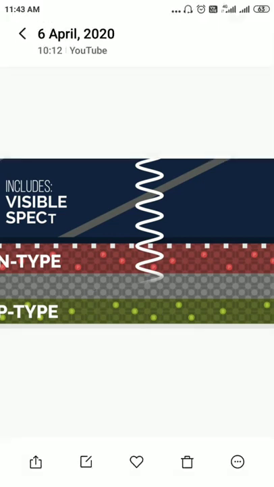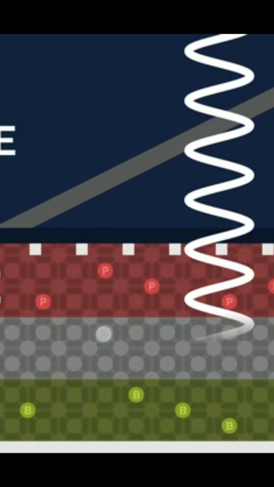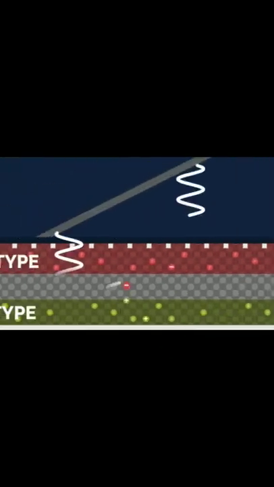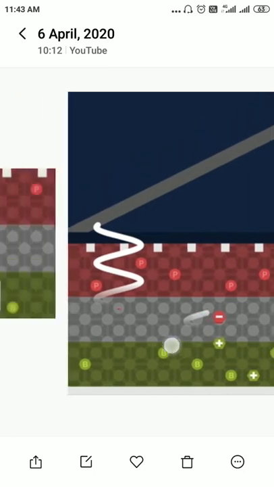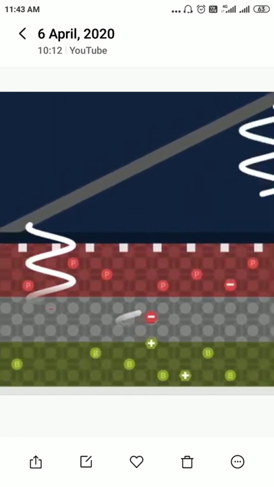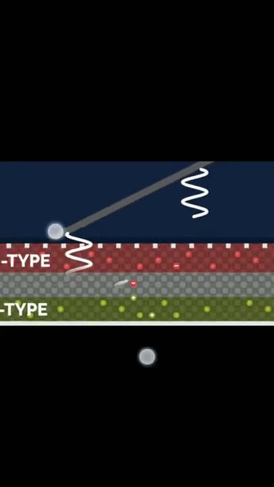When the rays fall on this solar cell, they penetrate the n type and come near the junction. When they come near the junction, they release negative and positive charge particles, which then move to their respective areas: electrons move towards the n type, and positive holes move towards the p type.